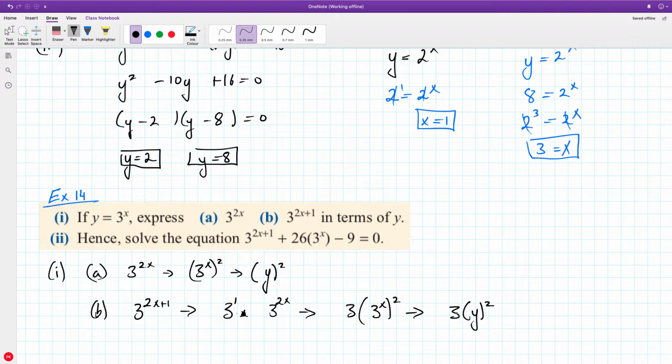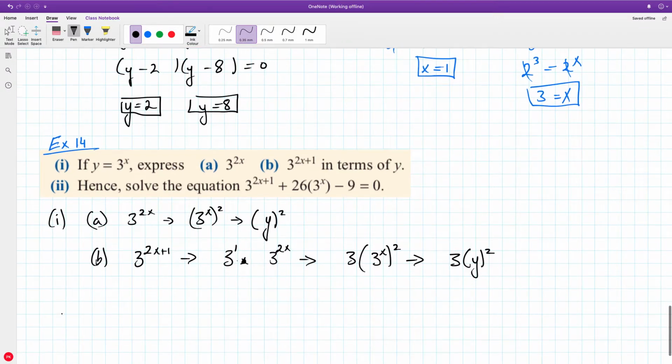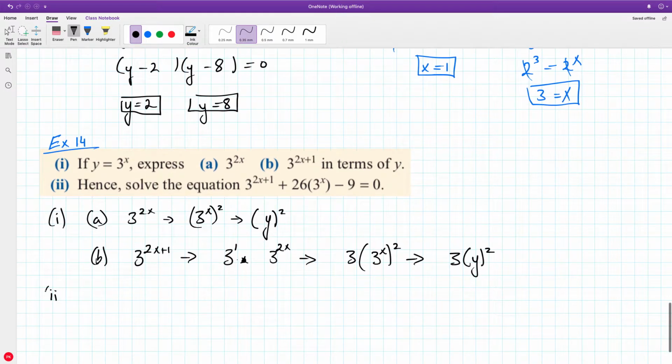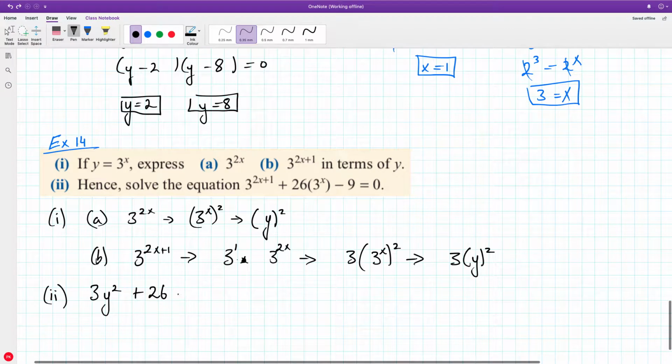Is that alright? So, with that in mind then, the equation becomes 3y squared plus 26 times y minus 9 is equal to 0.